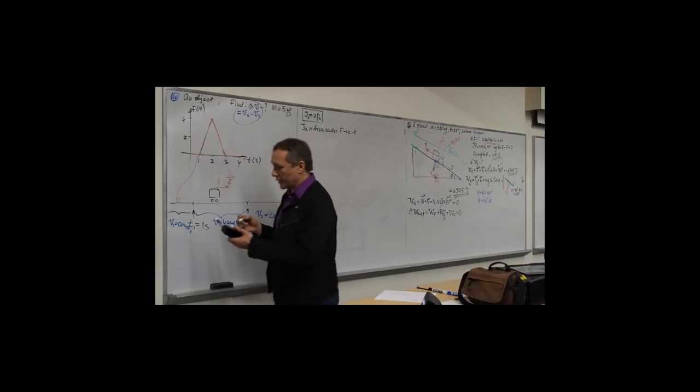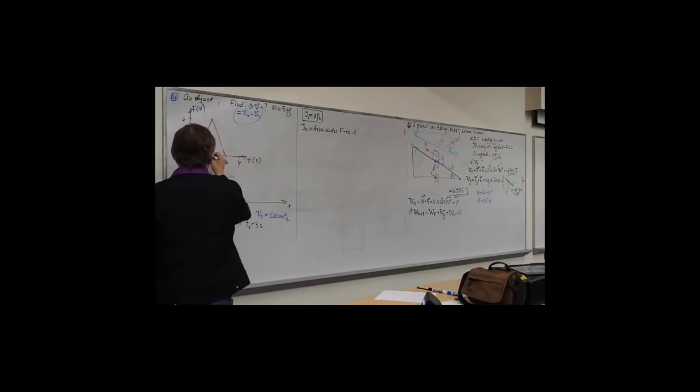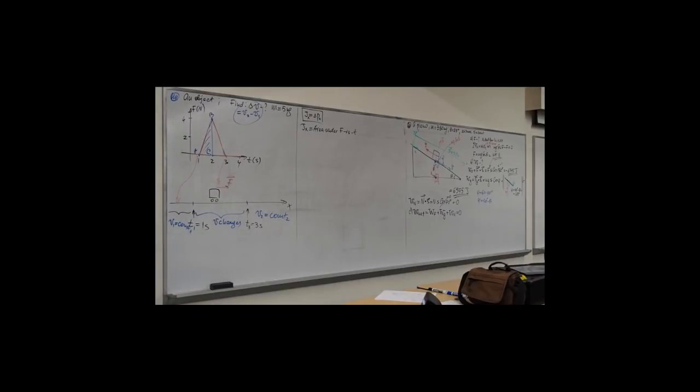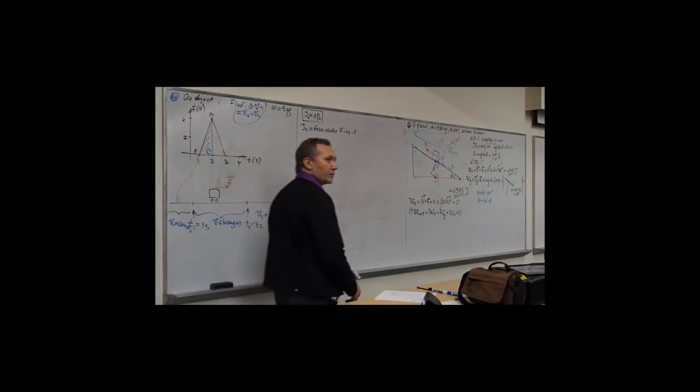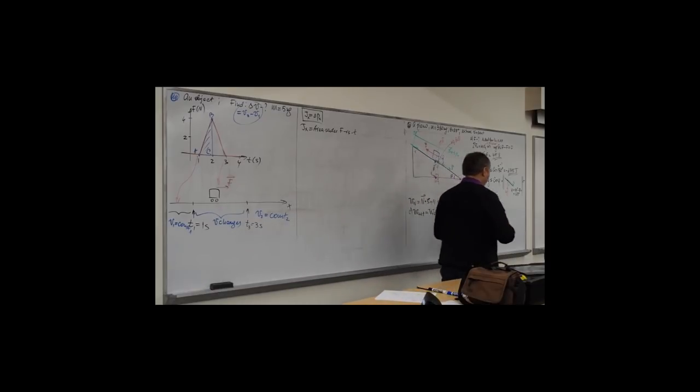In our case, let me label these points A, B, and now let me draw this vertical line, point C. So I will just take this area and multiply it by 2. Although, yeah, I can use just 1/2 of base times height still.